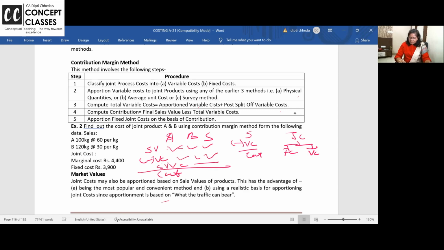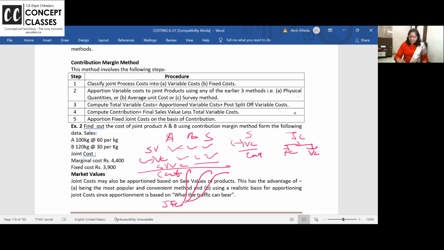And now the fixed cost of the joint product, apportion in the ratio of this contribution. Are you getting it? For every method, nice problems are worked out in your material. Should I repeat? A, B, and C are there. Sales value is given to you minus the variable cost.